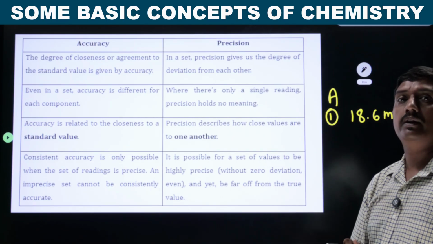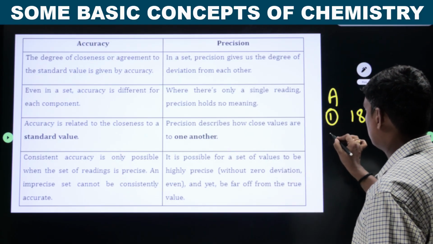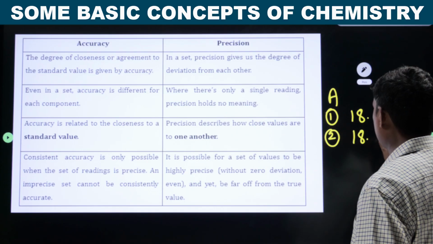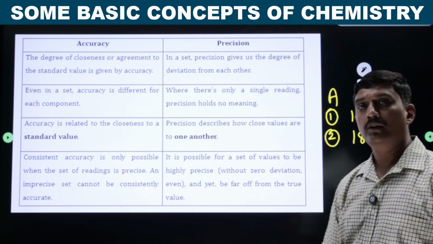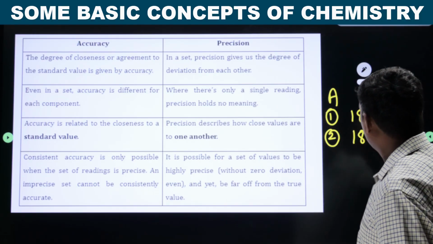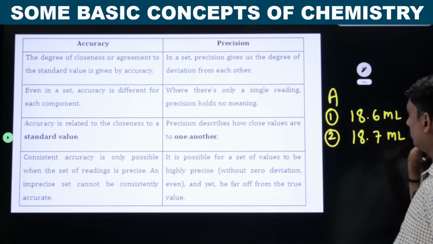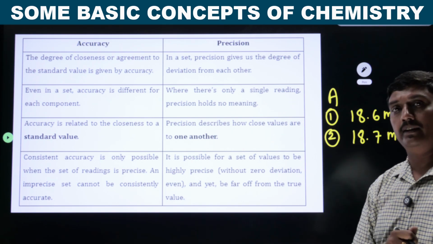The second trial will be conducted by following the same procedure. Just observe the result. He got 18.7 ml. Then if you observe these values carefully, they are almost the same. What does it indicate?